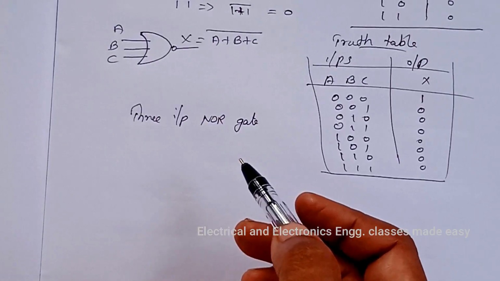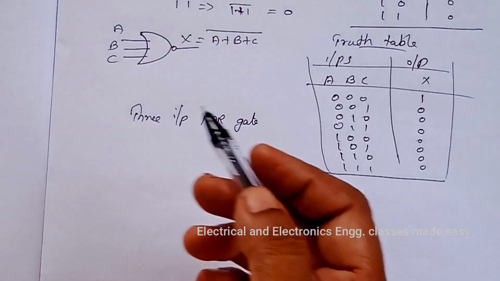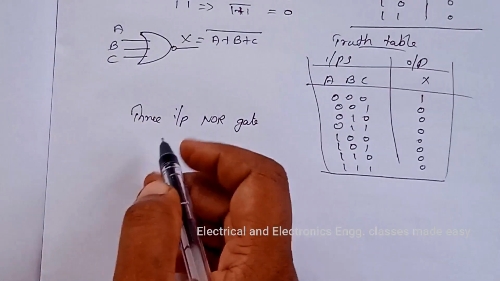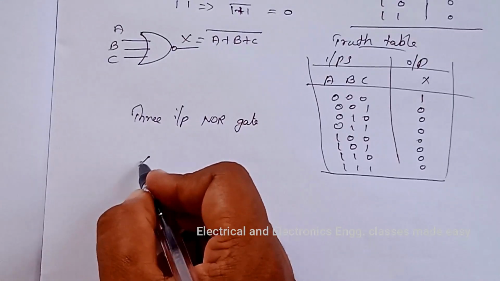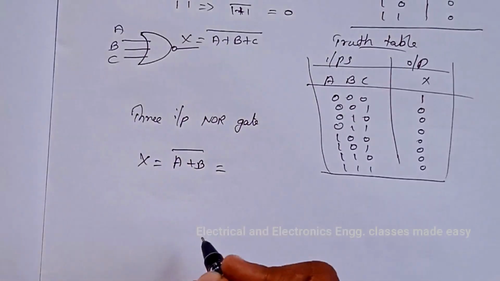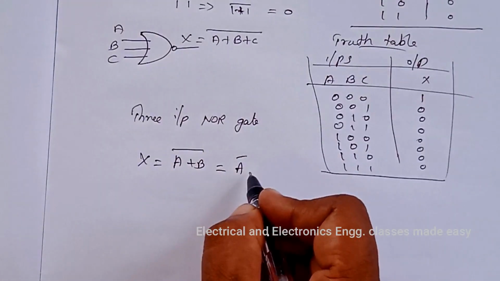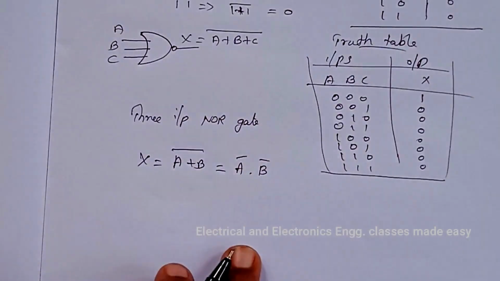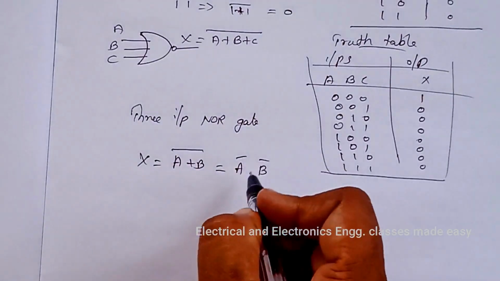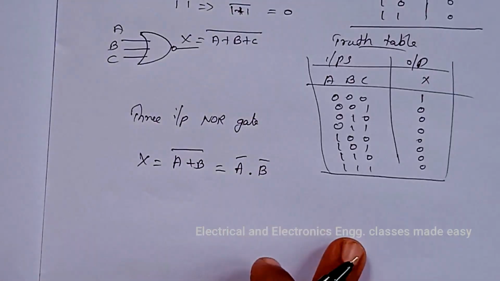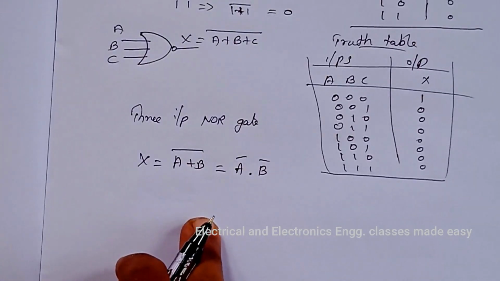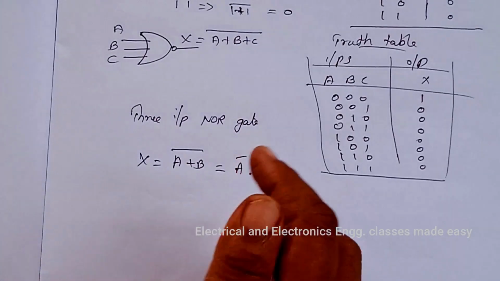And the NOR function can be realized by first inverting the input and then ANDing the inverted input, that is x is equal to a plus b whole bar, and this can be written as a bar dot b bar. That is, first inverting the input and then ANDing the inverted inputs. That is, a NOR gate is a combination of two NOT gates and an AND gate.